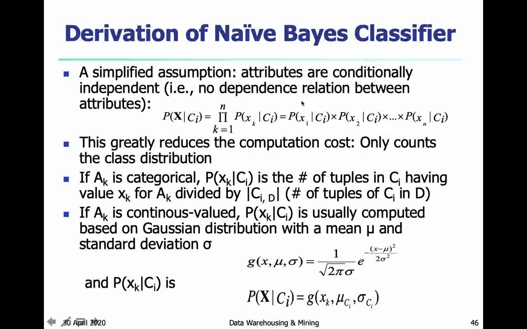And when you multiply these, ultimately you will get the probability of that tuple conditioned on Ci, right? So it reduces the computation cost.